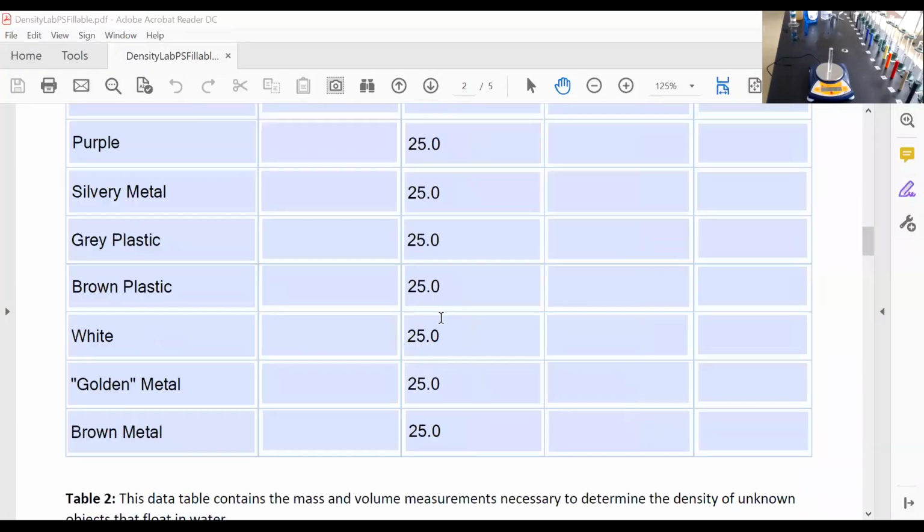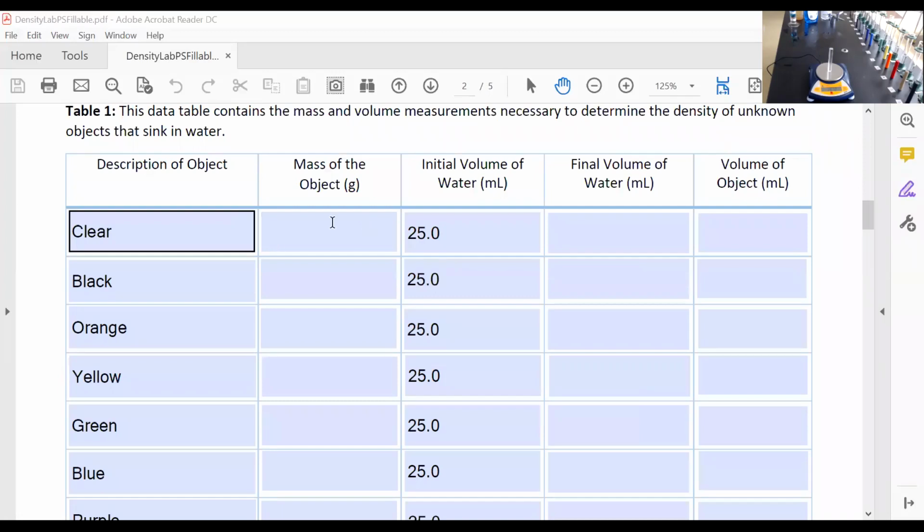If I go back to my document here, we're going to be working initially in table 1. So we have a mass of 26.12 grams, and we're going to put that right in here. And now I'm going to carefully slide that cylinder into the graduated cylinder.